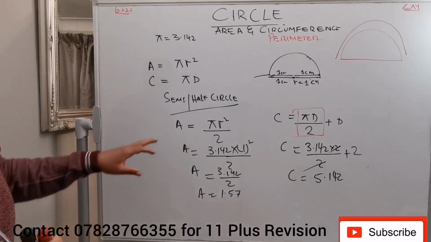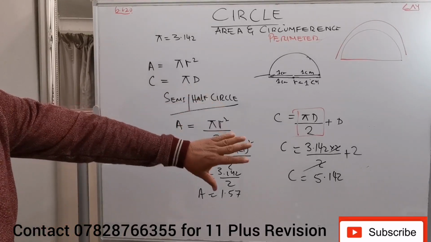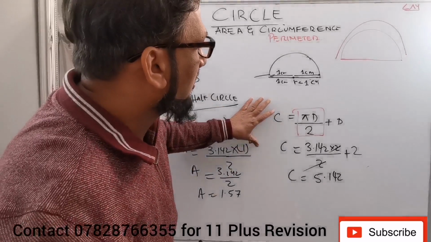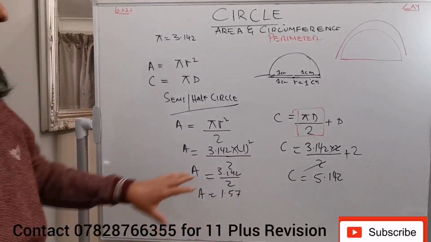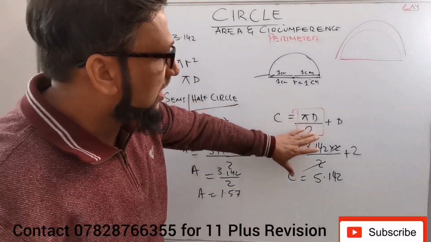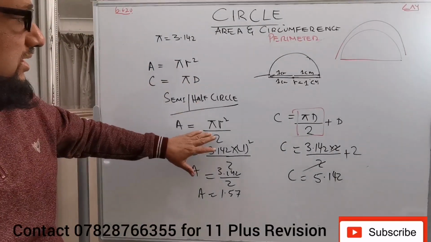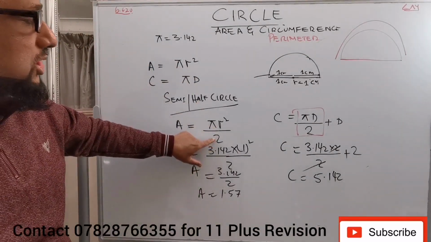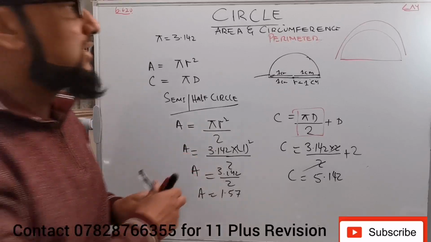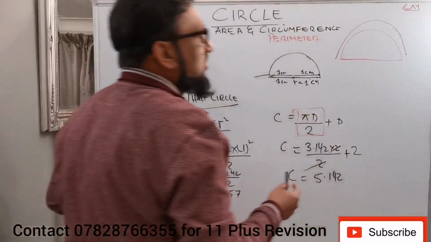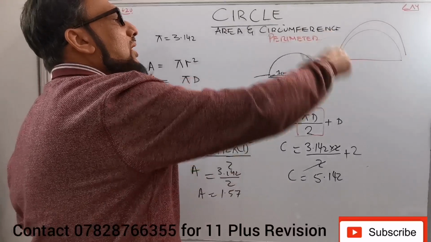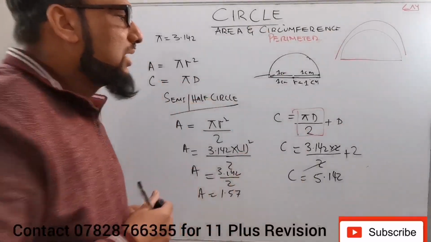So don't be confused about the formula for circumference, okay? What we did is simply divide by 2, the same as the circle. But when we talk about the circumference, it is the whole way around the area.